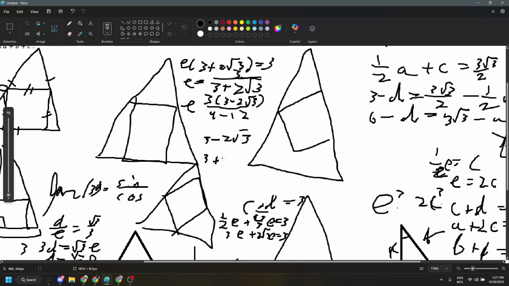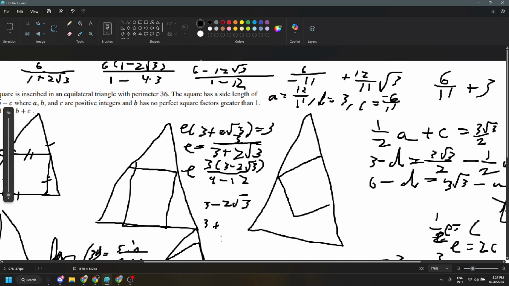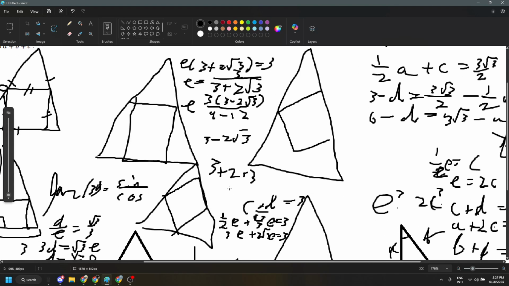So 3 plus, oh shoot, 3 plus 2 plus 3, I'm just going to ignore that it's not in the right form, but it's fine. 3 plus 2 plus 3 is 8.